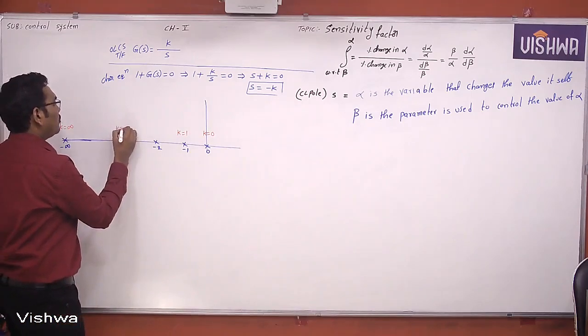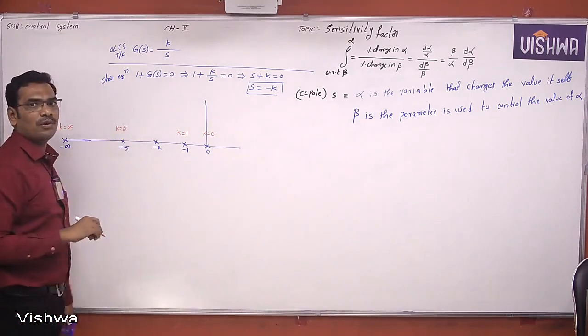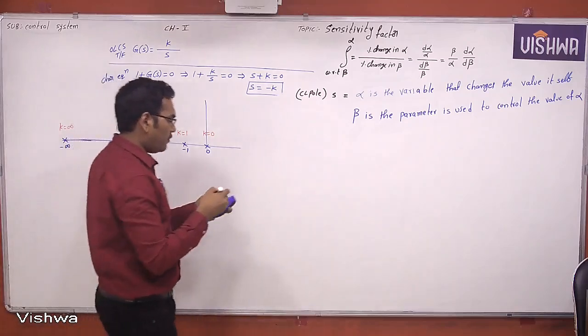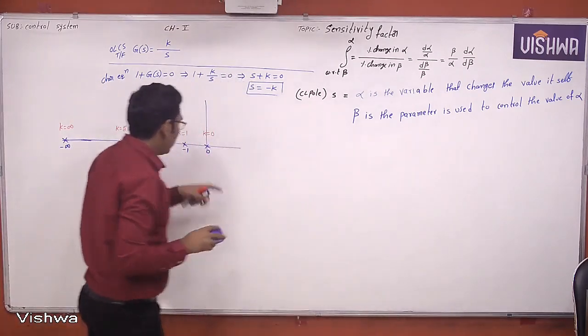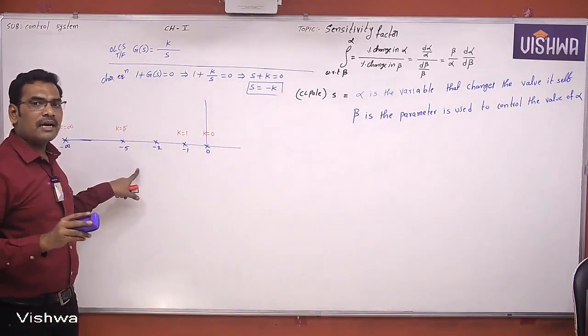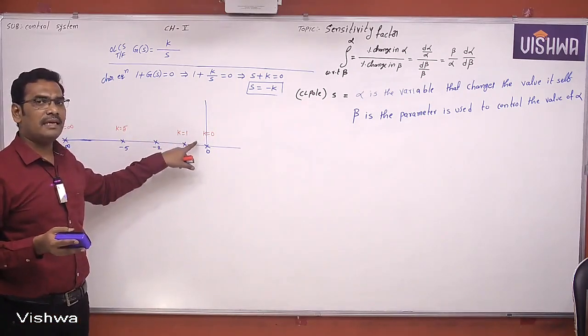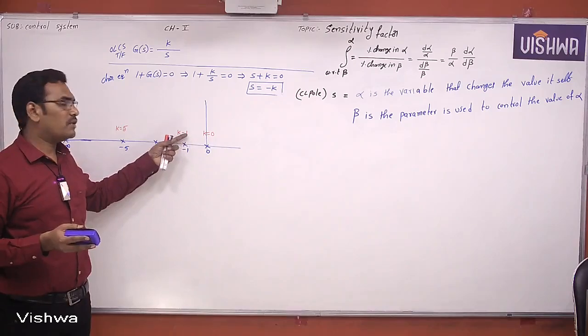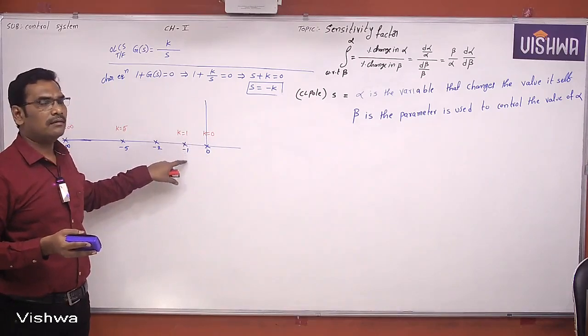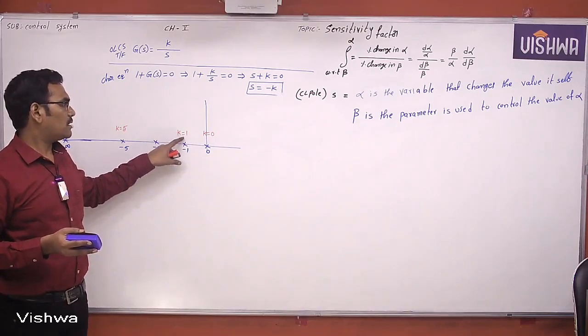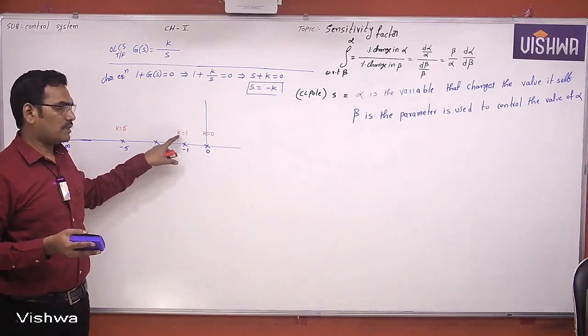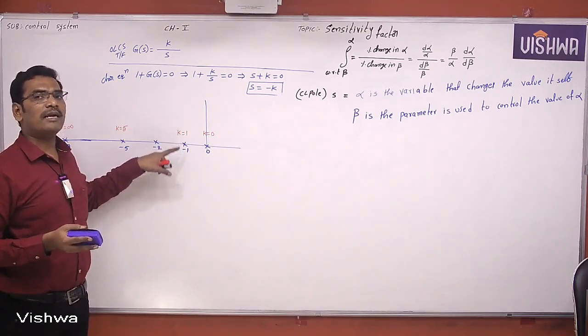When K equal to 5, the closed loop pole is at -5. Therefore, this closed loop pole is controlled by the system gain K. System gain is used to control the closed loop pole.